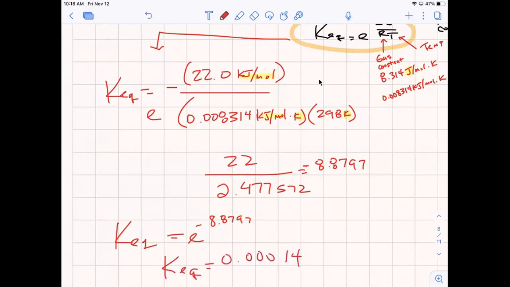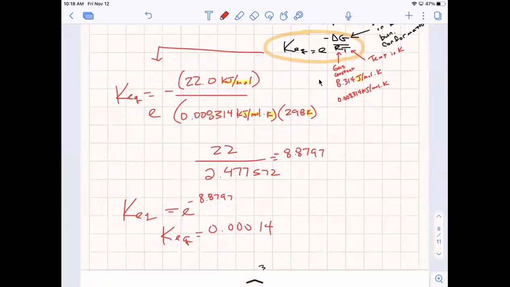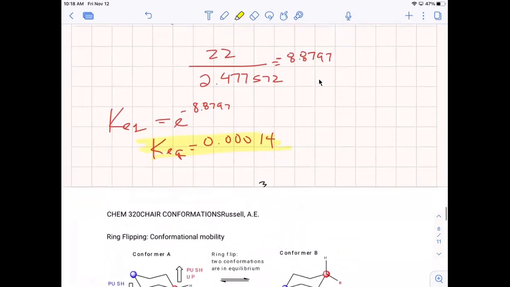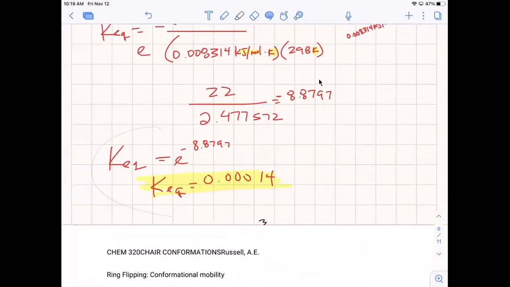All right. So that number is my equilibrium constant. If I want to find a ratio, I could take that number and multiply by 100. And then what I get is going to be the lower number in the ratio. So let's do that.